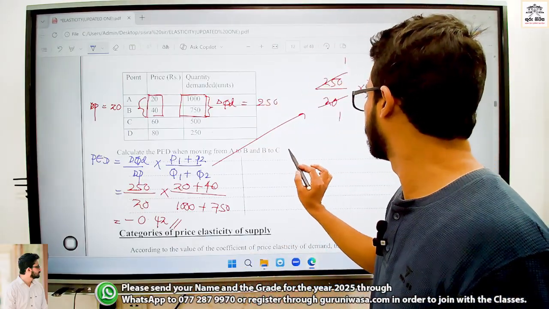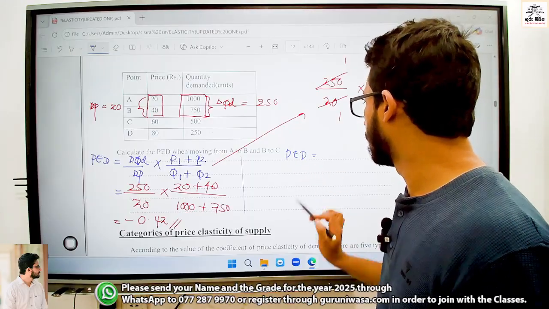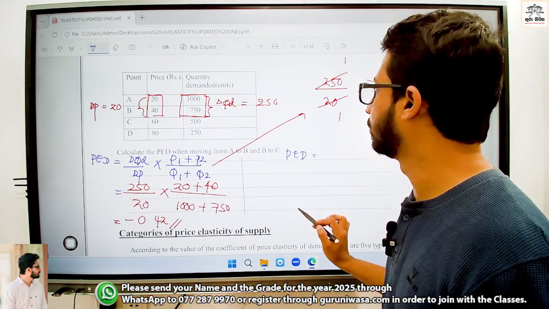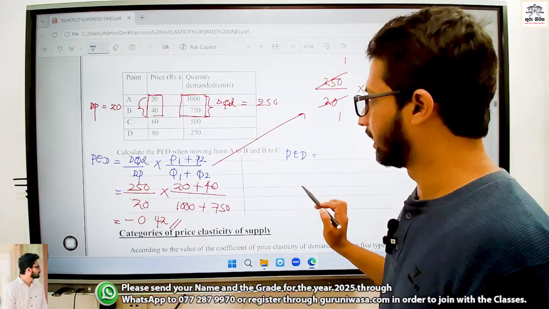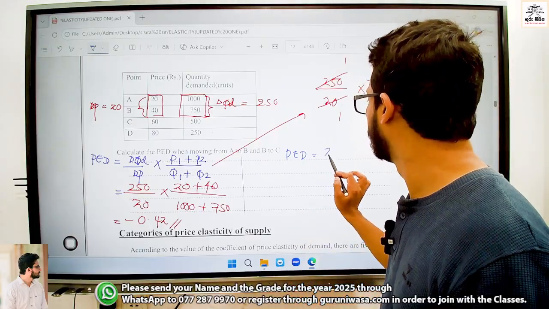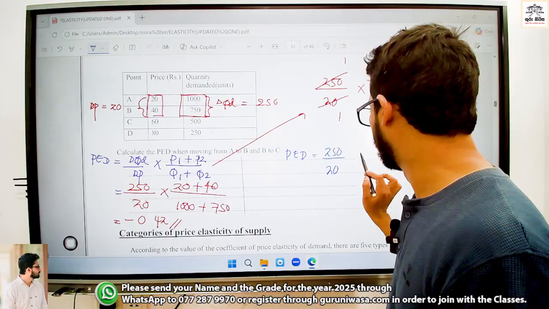Okay, the PD value equals arc price elasticity of demand, equal to delta QD over delta P. Again, same value because slope doesn't change. 250 divided by 20.